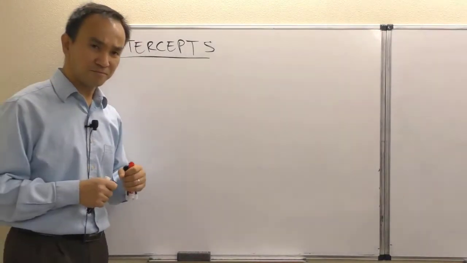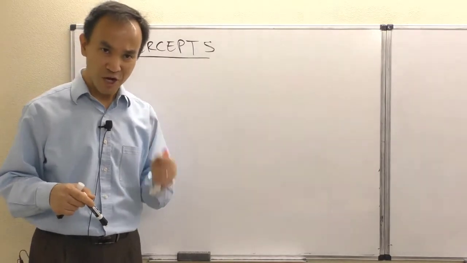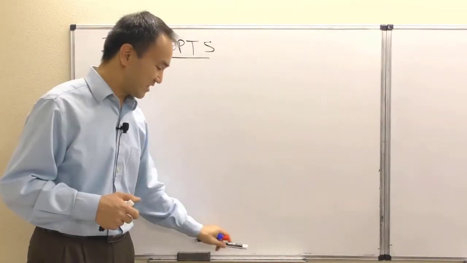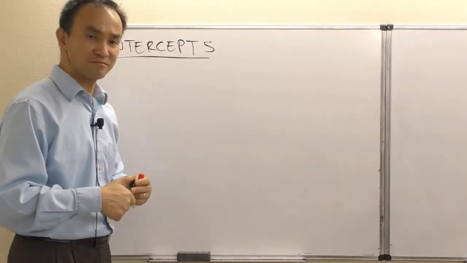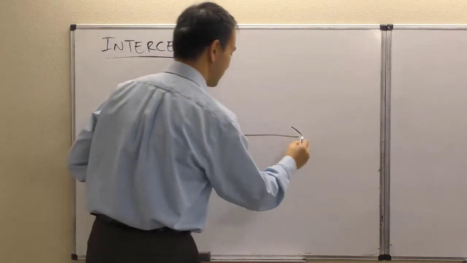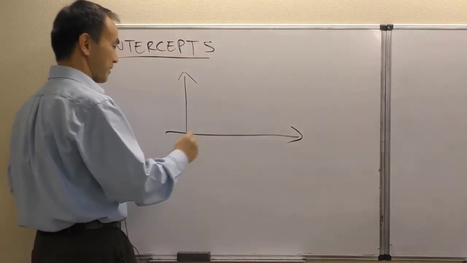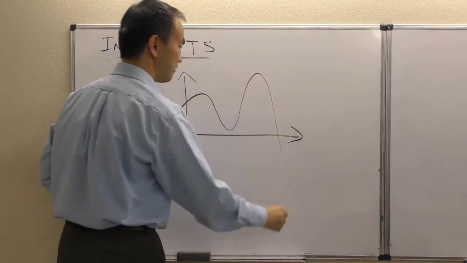As soon as we know our polynomial has a graph, let me quickly draw a graph right here. A graph can be turning up, turning down.